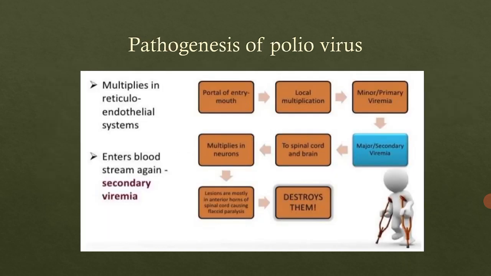Now we will see the pathogenesis of the polio virus. What will come into the pathogenesis? As we discussed in earlier lectures, the route of infectivity of the virus, how the virus will reach the site of infection and replicate there, increasing its numbers, that comes under the pathogenesis of the polio virus.